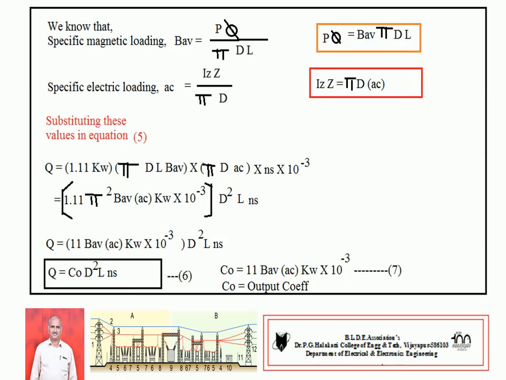So, Q equals C naught into d square L Ns. It is referred to as the output equation of AC machine, for both induction machine and synchronous machine.